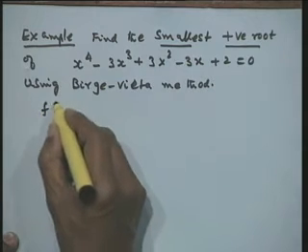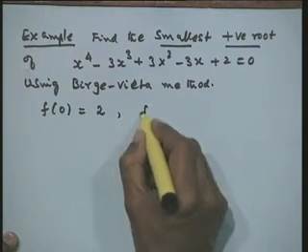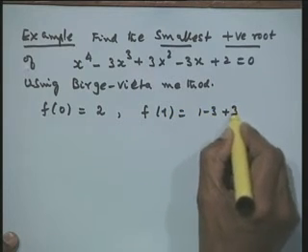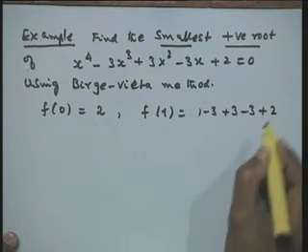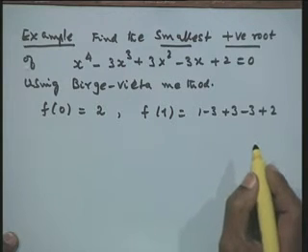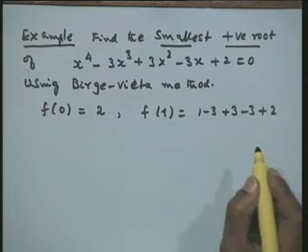So, I would consider f of 0, which is equal to 2, and f of 1, which is 1 minus 3 plus 3 minus 3 plus 2. For this, the root turns out to be 1, is it not?